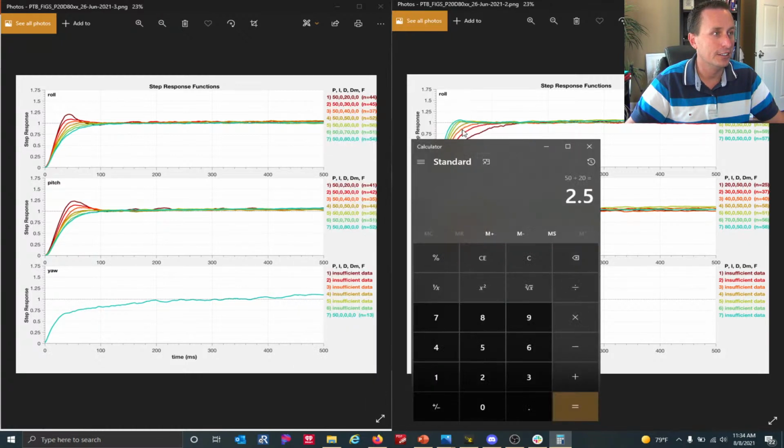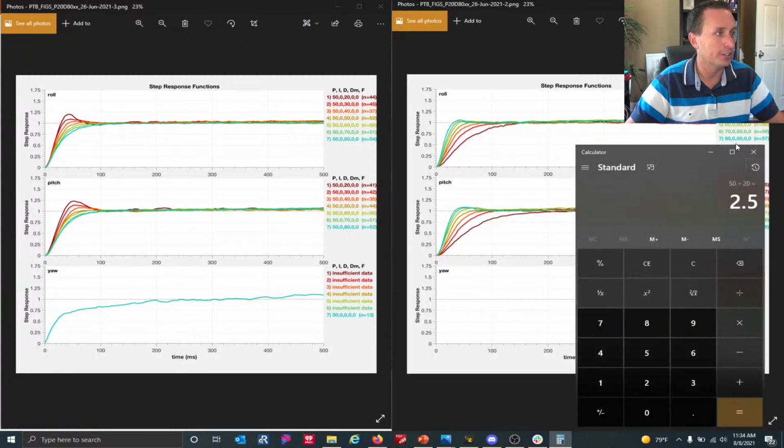So let's take the least dampened one here. That would be this bottom one in this scenario. Let's take 80 divided by 50. That's only 1.6. That's why this blue curve does not look like this dark red curve up here, because they're not the same ratio.